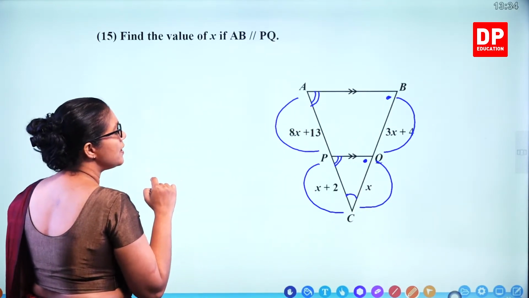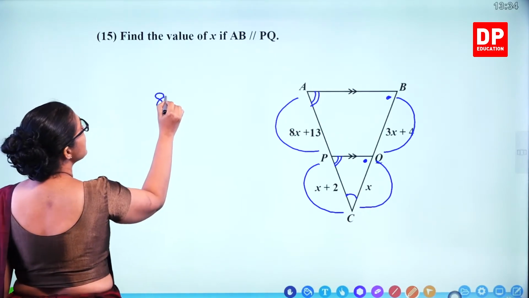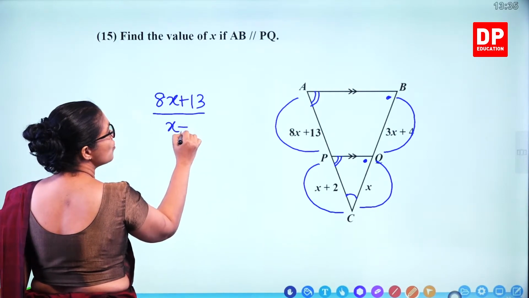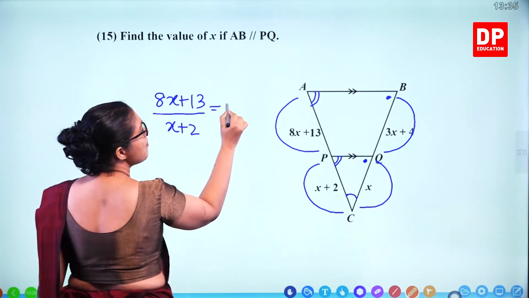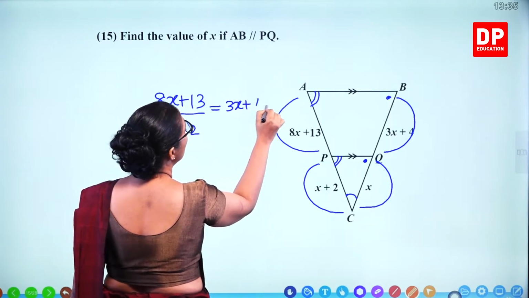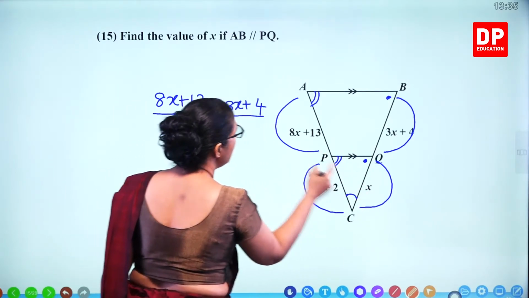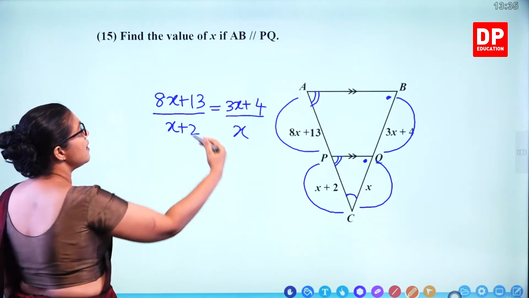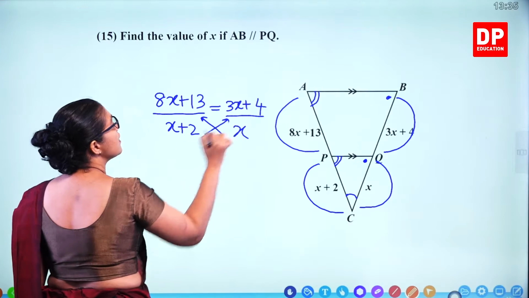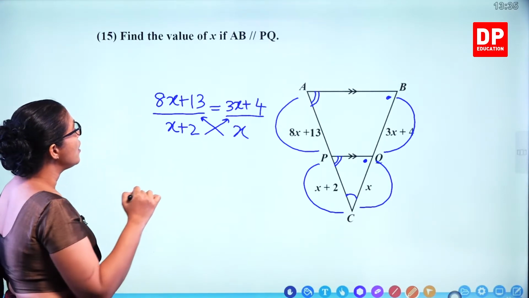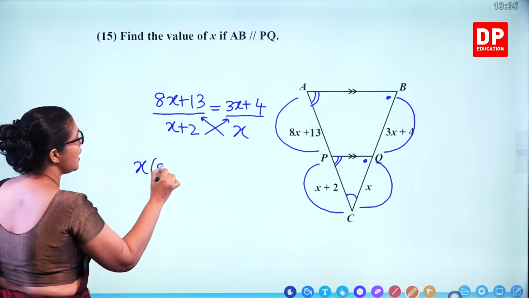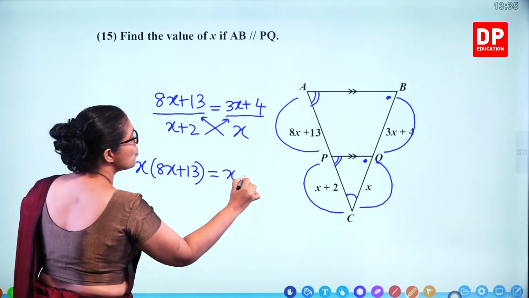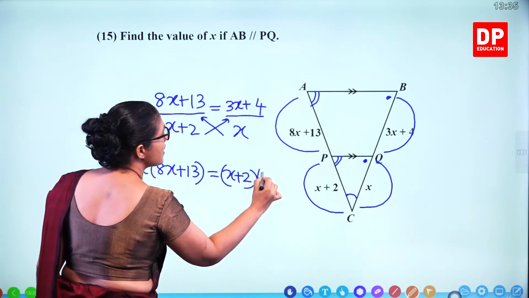Now, that means the ratio you can use here to here is the same as here to here. So we'll take the ratio (8x + 13)/(x + 2) is the same as (3x + 4)/x. Now you can cross multiply and create an equation. So when you cross multiply, you get x(8x + 13) and (x + 2)(3x + 4).